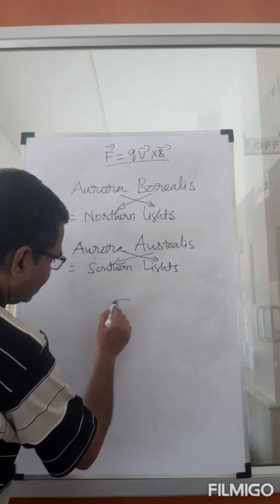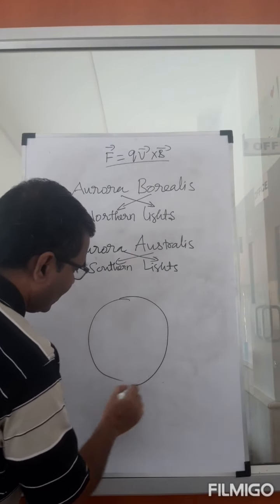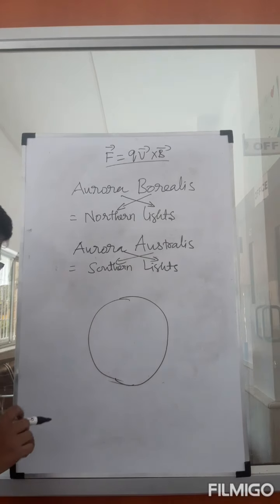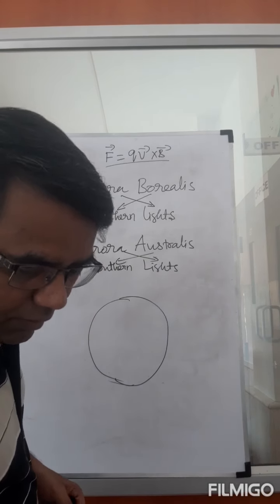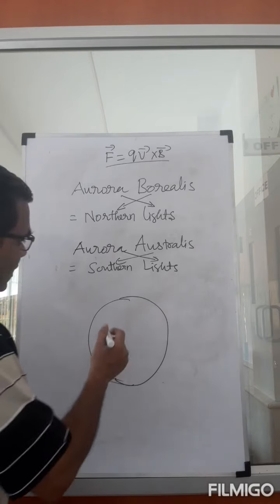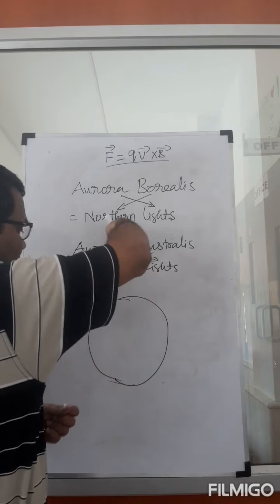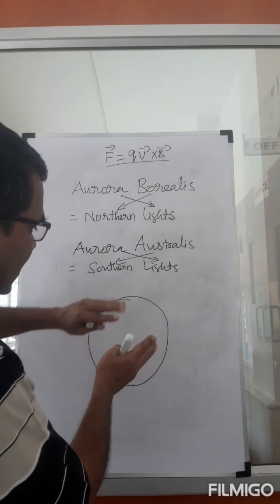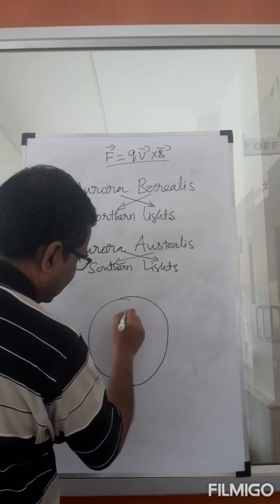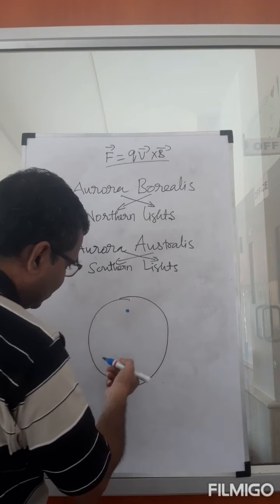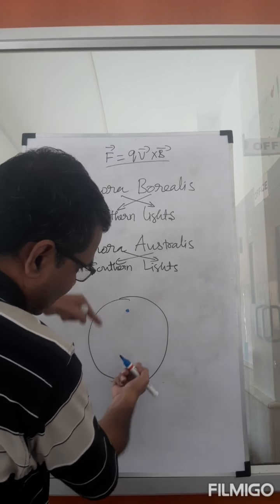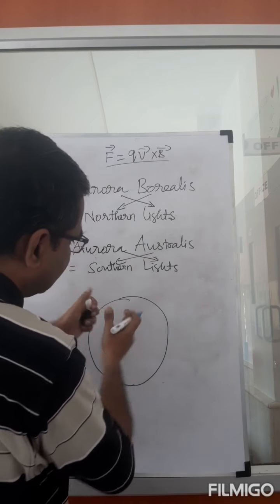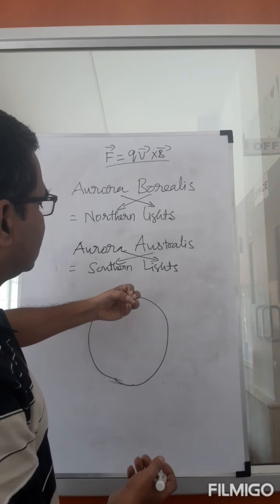Let me draw that picture. So this is the Earth. And let me look at it not from the side view, but from the top view, at a slight angle. Let me say that this is my north pole, which means that the south pole is on the other side, which I can't even see because I've just tilted the Earth like this.